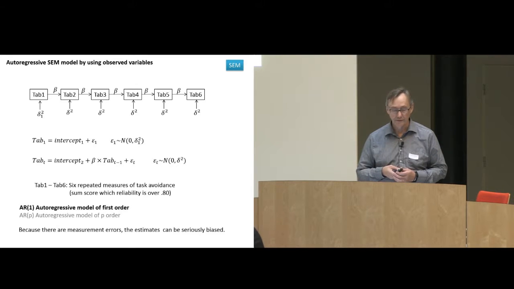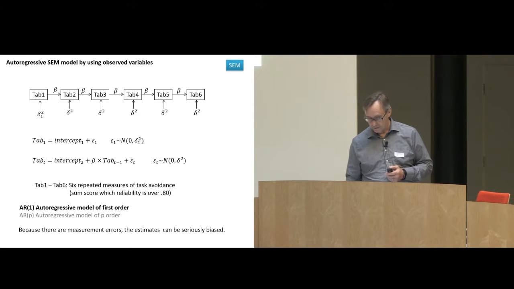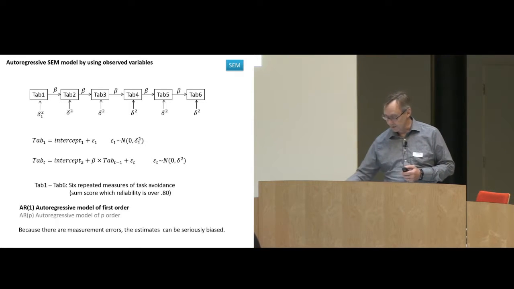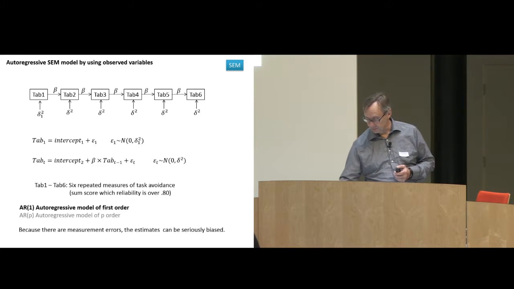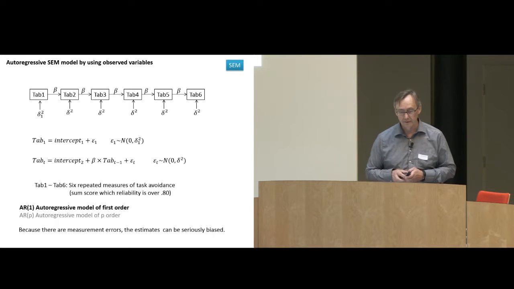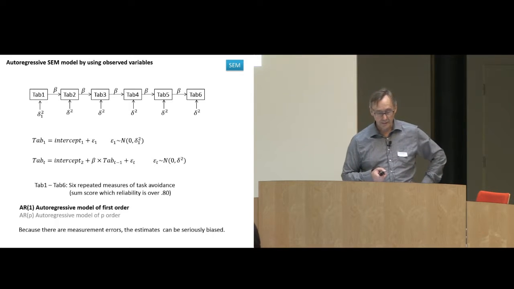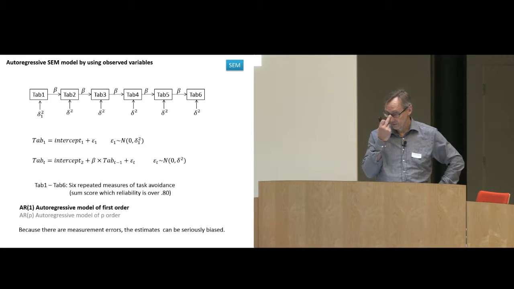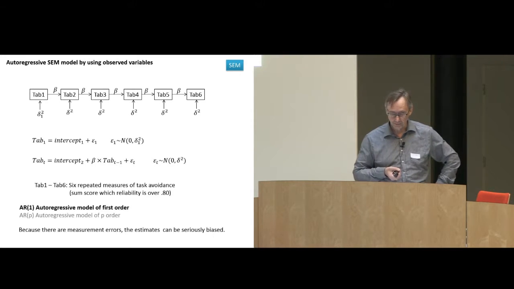And now I have defined only one beta value. In this process, I think that the process is measured in equal time intervals, and therefore I can fix the beta value equal in all time points.